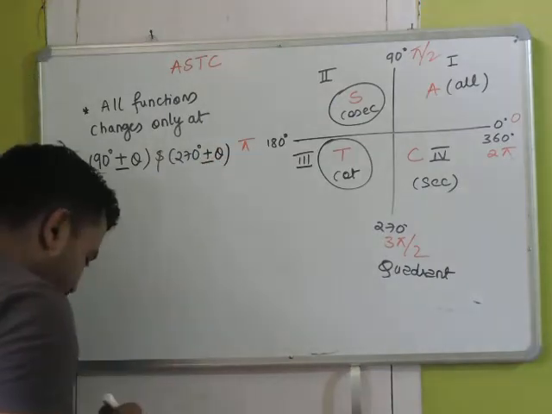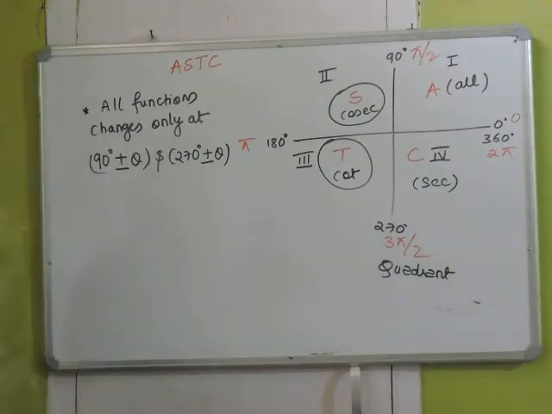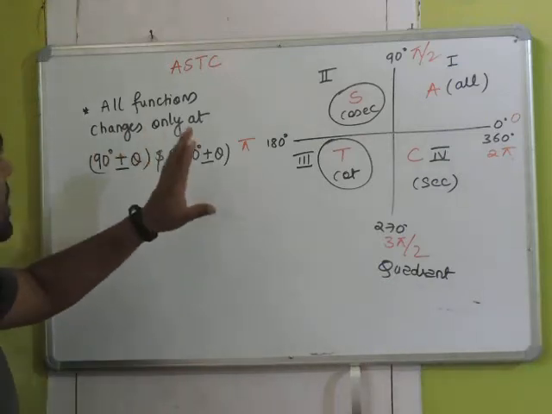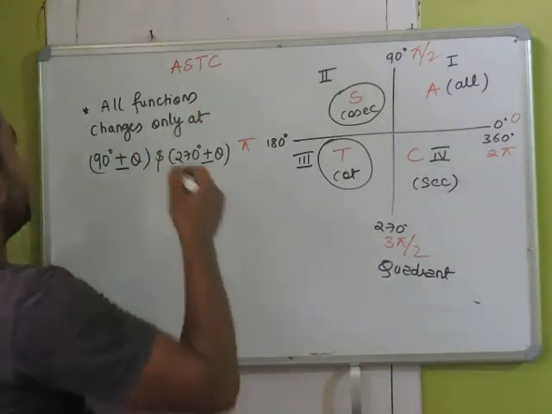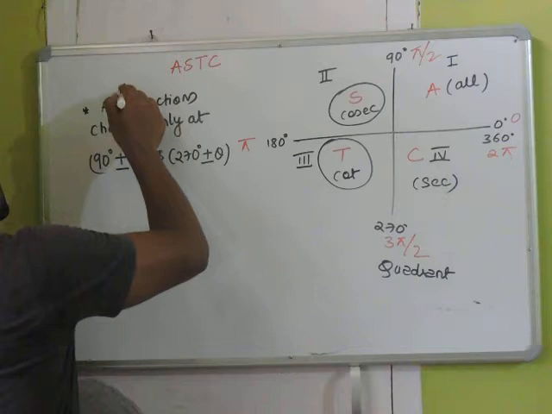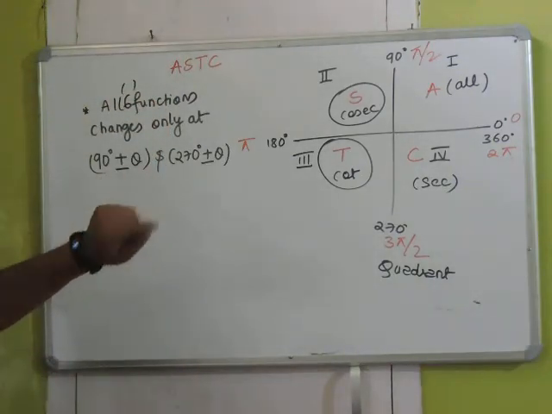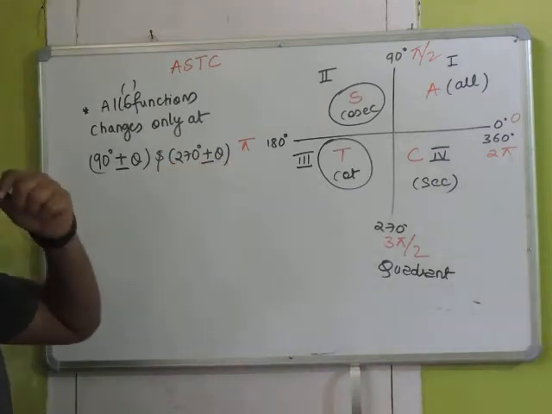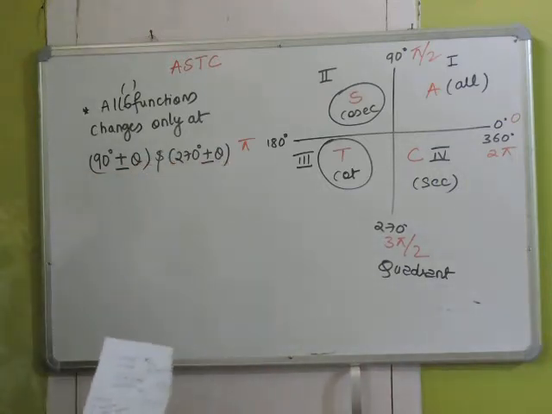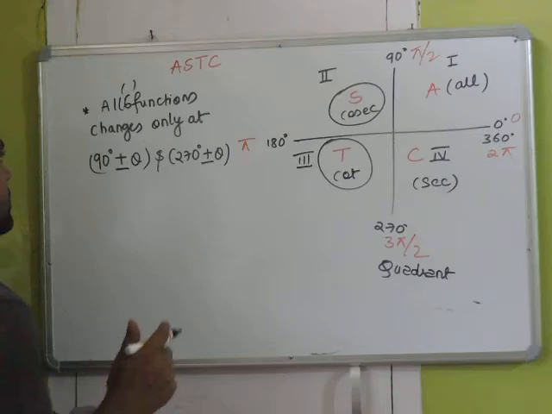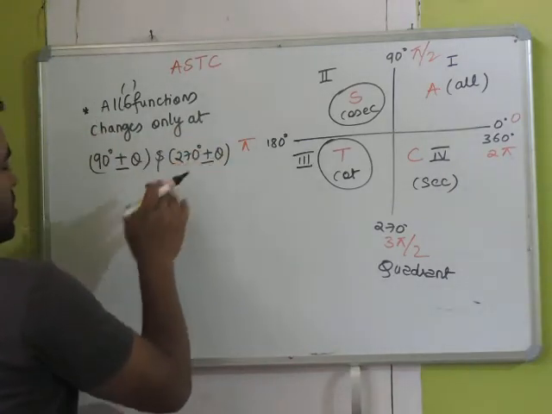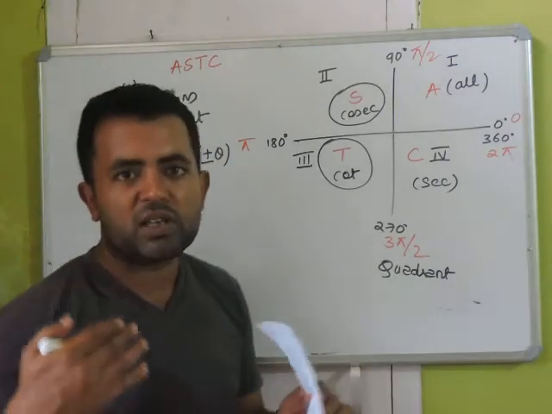Now this is a very important concept, that all 6 functions, let me write, will change only at 90 plus minus theta and 270 plus minus theta. Now what I mean by that is this. How they change: one function might change to another.